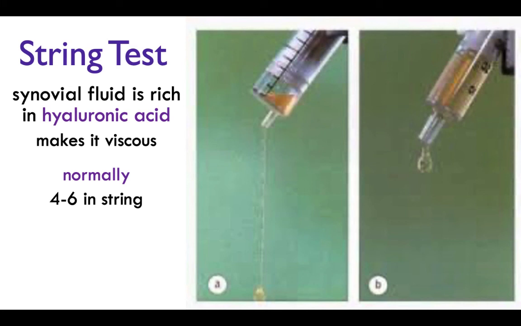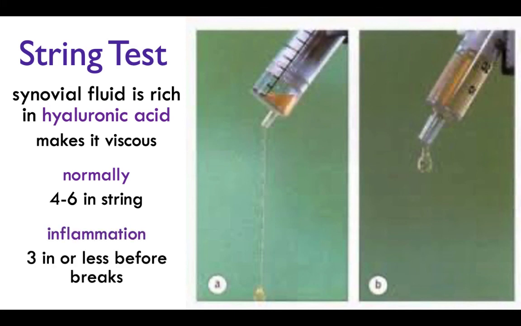Now, if there's crystals in there, if there's inflammatory chemicals in there, if there's cellular material in there that's not supposed to be there, the string will break before it reaches 3 inches. If it does that, then that's a sign that something is up. So it means the hyaluronic acid is being, I'll say impaired, but influenced by the other things that are in the synovial joint that aren't normally there. So it's literally just dropping it and looking to see how long that string forms. Seems kind of rudimentary, but it can tell you a lot.